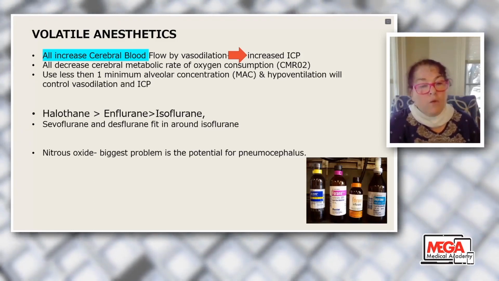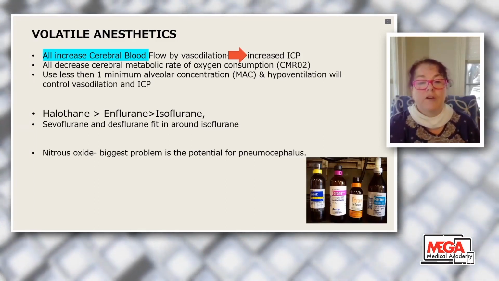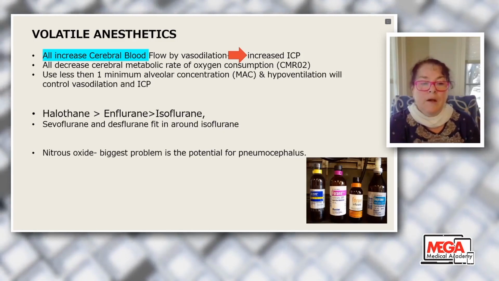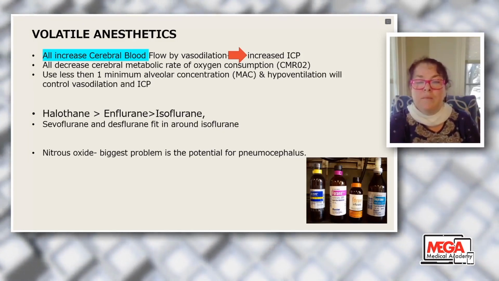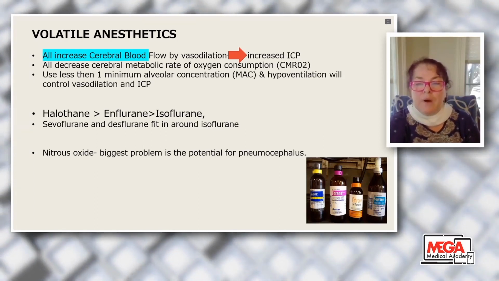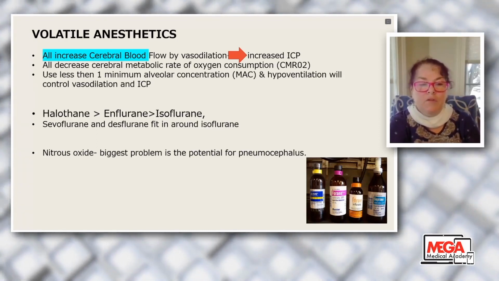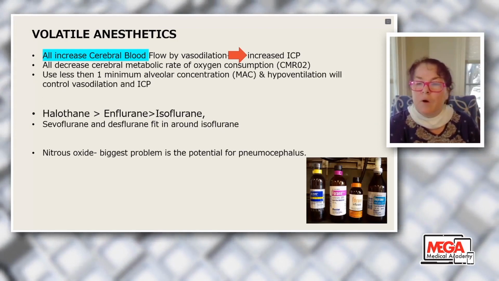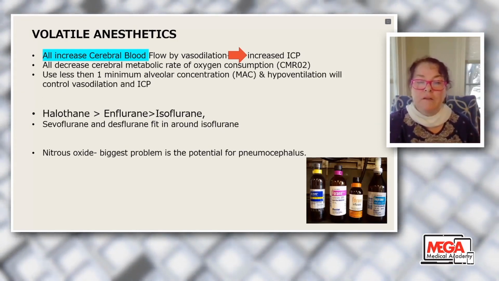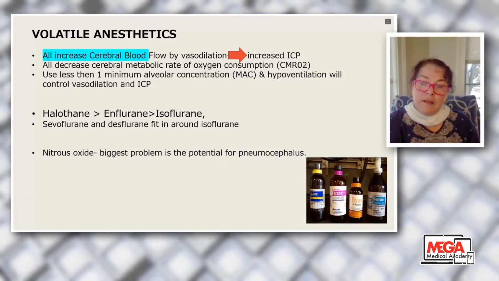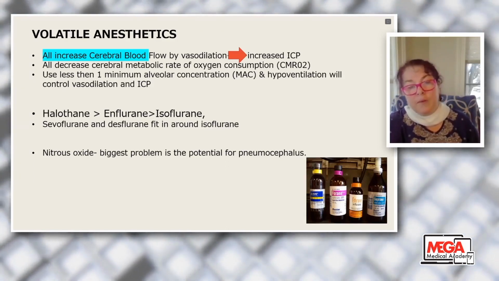They all decrease the cerebral metabolic rate of oxygen consumption, which is good. So typically what we do is we'll use less than 1 minimum MAC and hyperventilate to control vasodilation. It's hyper, not hypo. I put the wrong thing there.